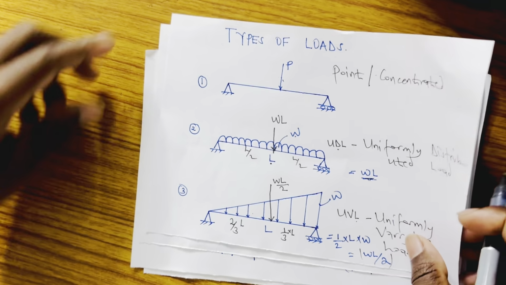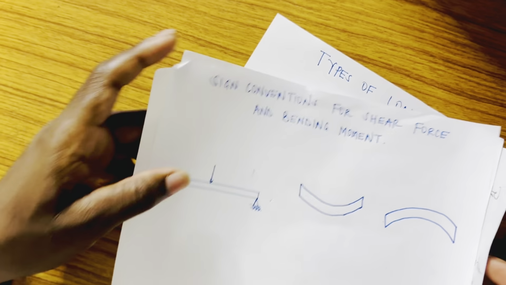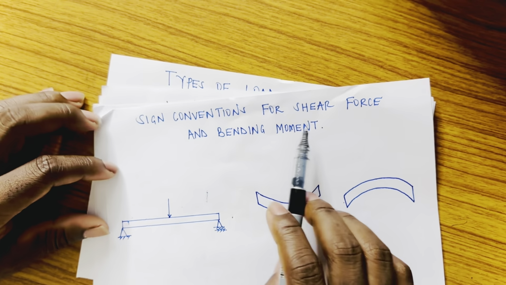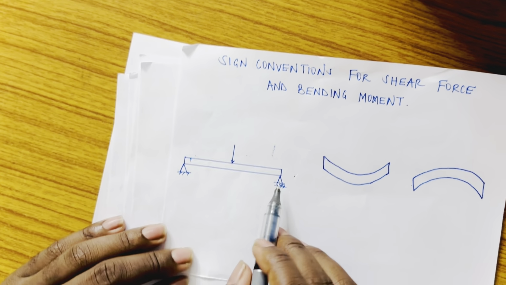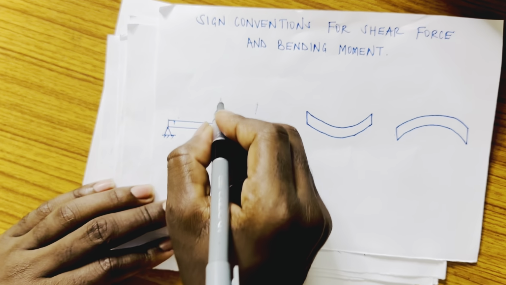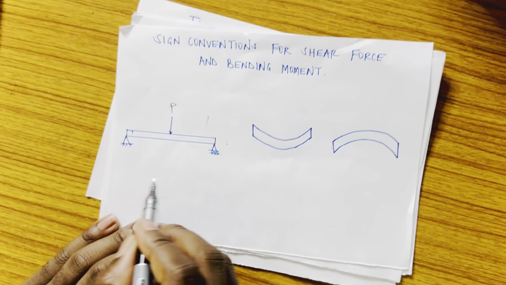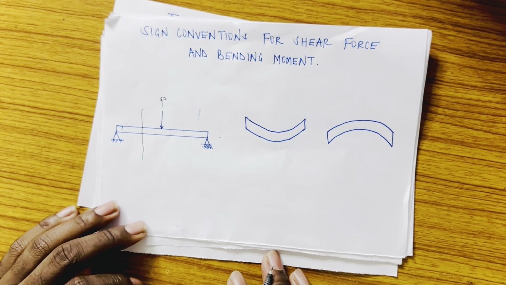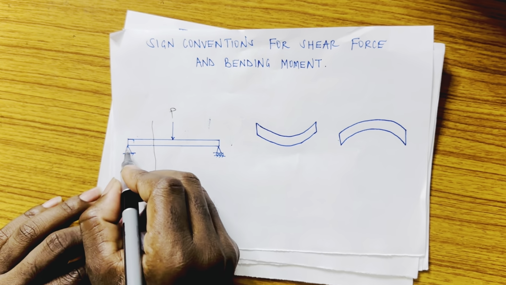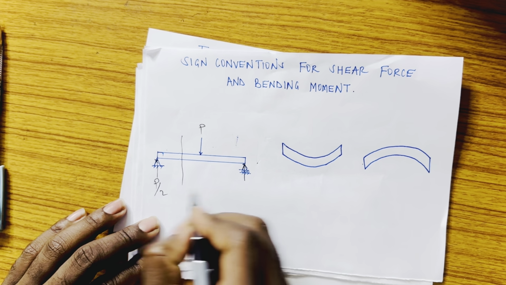Then lastly, in this video, let me show you what we call sign convention. So here is the sign convention for shear force and bending moment. Now, if this is, for instance, a simply supported beam with load P, if I cut at this point, you realize that first of all, this load was supposed to be shared on these 2 supports, P by 2.